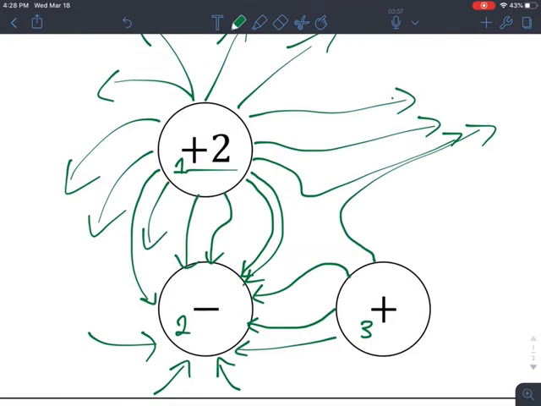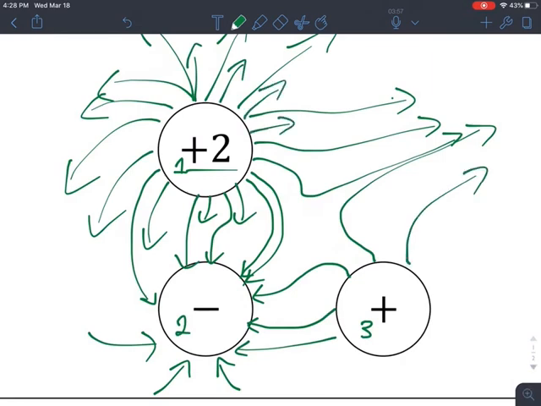So we're going to add a lot of lines here. Let's see, that looks pretty good.